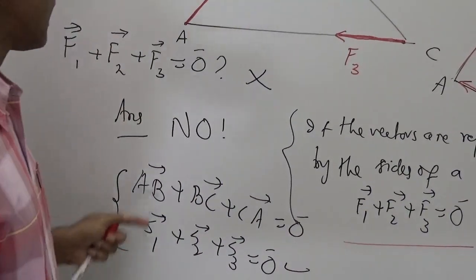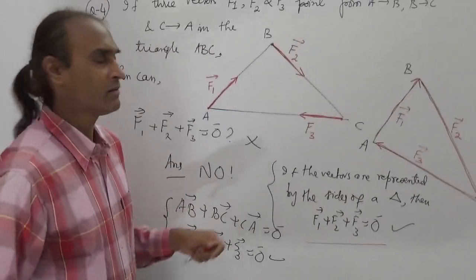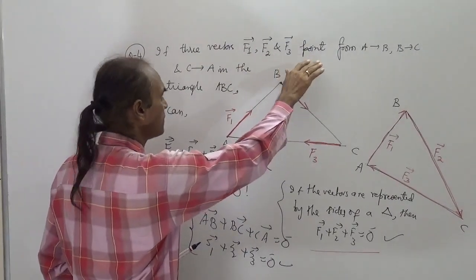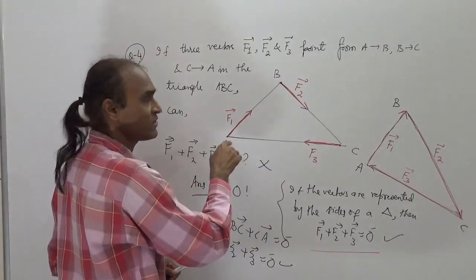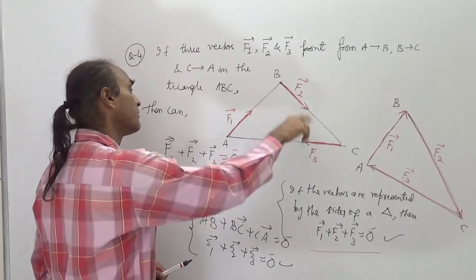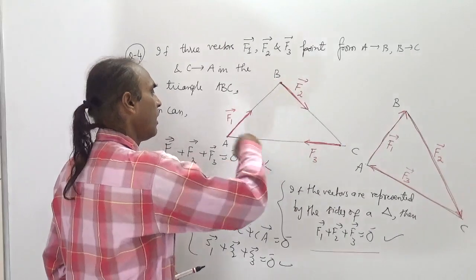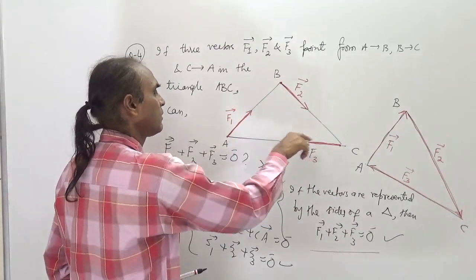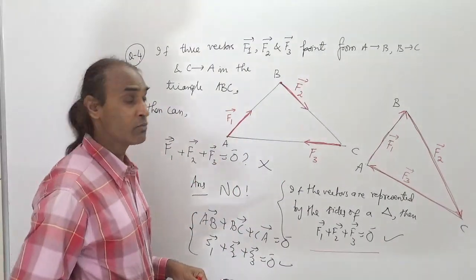But the displacements are nothing but the sides. For any other vectors, in general, if F1, F2 and F3 just point along the sides of a triangle but are not represented by the sides, then the sum of these three vectors, when they are passing through the sides in cyclic way, may not be equal to 0.